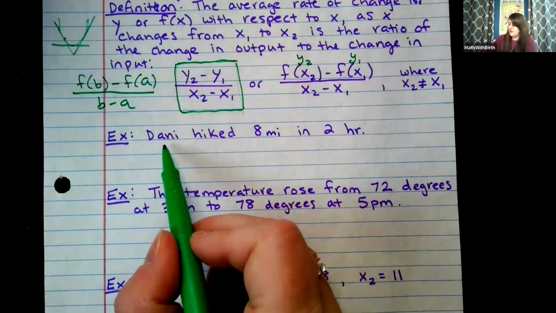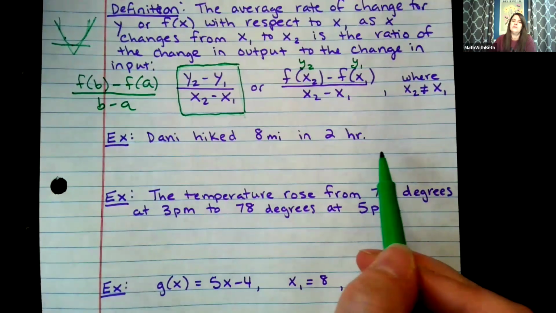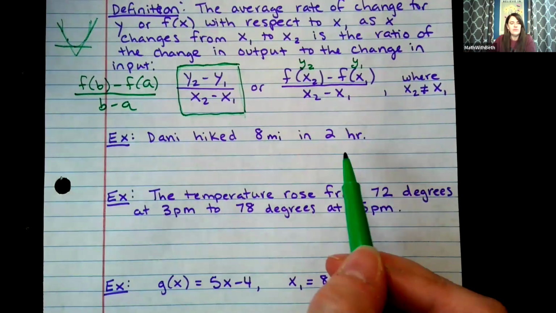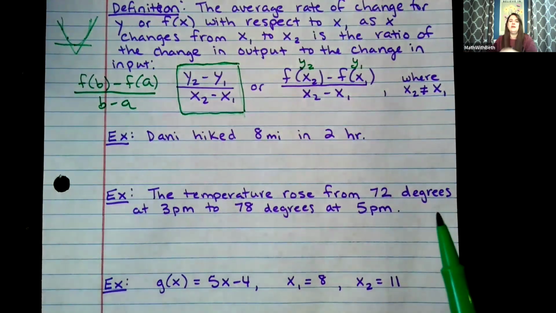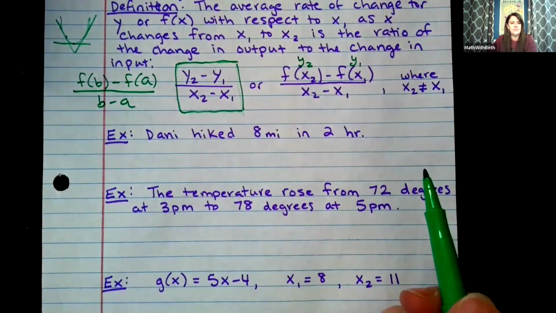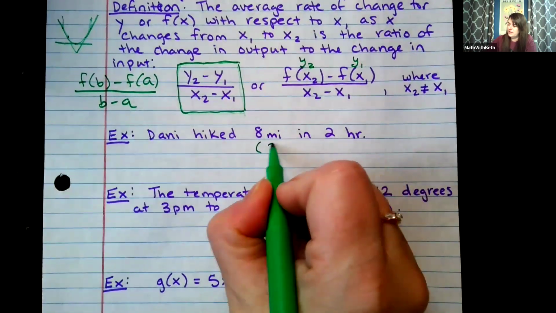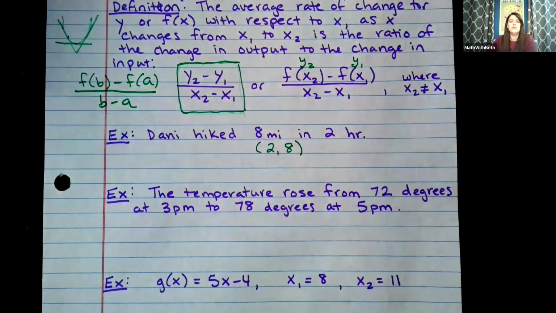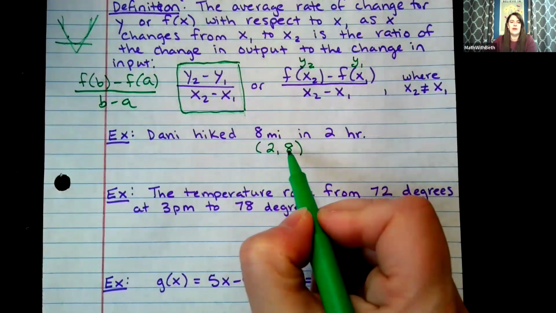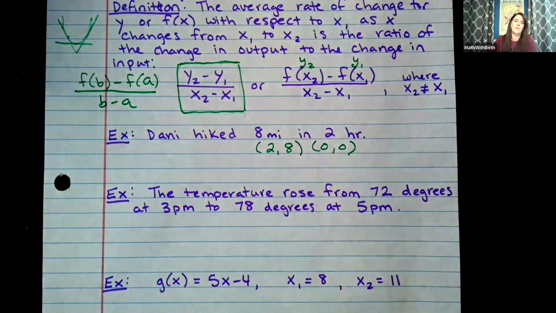So one example here is saying Danny hiked 8 miles in 2 hours. Well, if you're familiar with finding out speed, then you would put the miles over the hours. But if you want to think of this as points, this is basically giving you 1 point, (2, 8), because after 2 hours, you have 8 miles. And since we don't have a second point, we're basically comparing it to the point (0, 0).